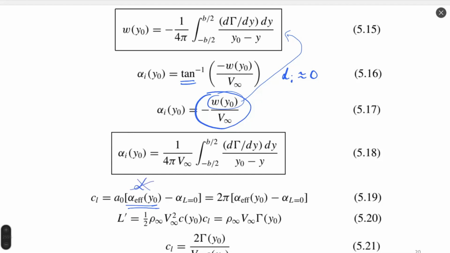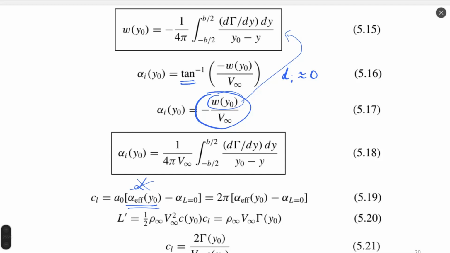We are using effective angle of attack, because induced angle of attack we already lost, and we created a vortex with that induced angle of attack, so we cannot use it anymore. Instead of the total angle of attack, we use effective angle of attack, which is always smaller than geometrical alpha.